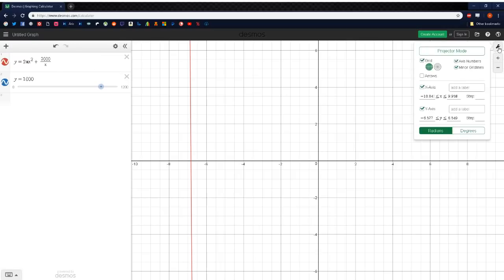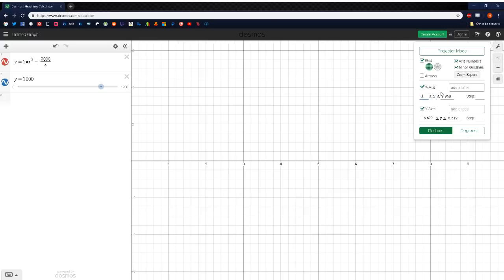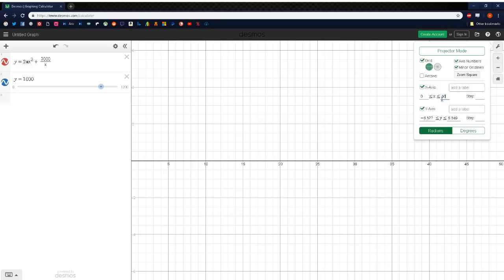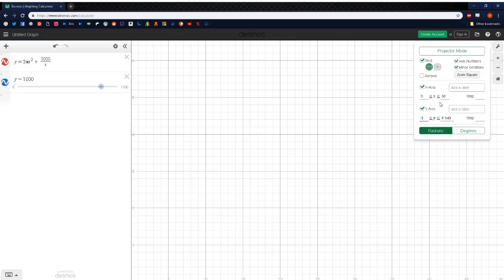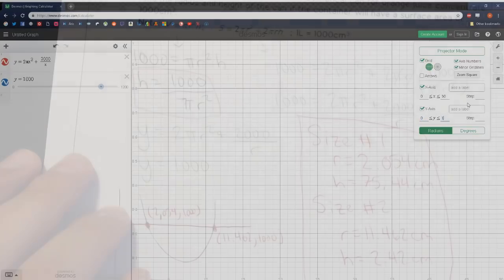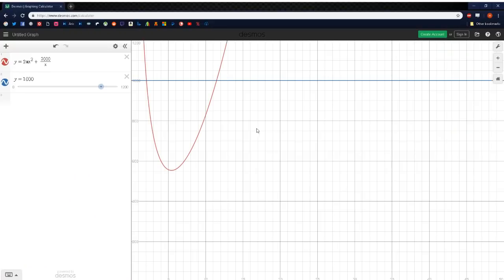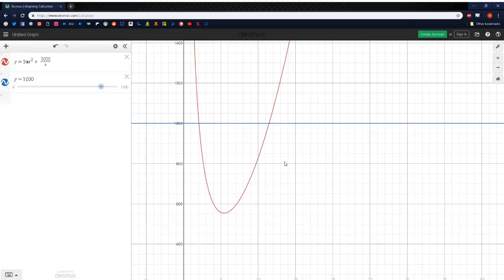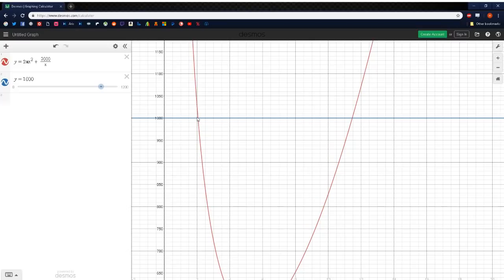And here, let's go from 0 to 50, and the y-axis from 0 to 1,200. And we get this graph here. This is the part we care about the most. If we zoom in here and I click on this spot, we get the coordinate 2.054 comma 1,000. And if I click on this coordinate, I get 11.462 comma 1,000.